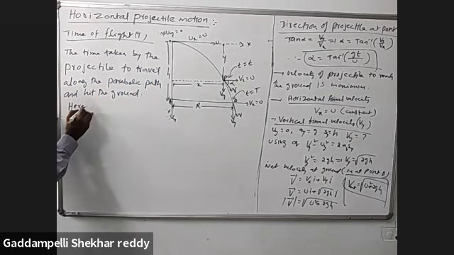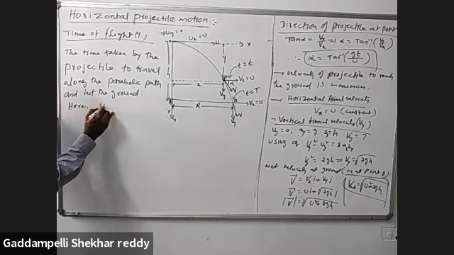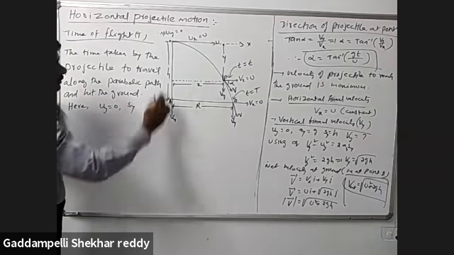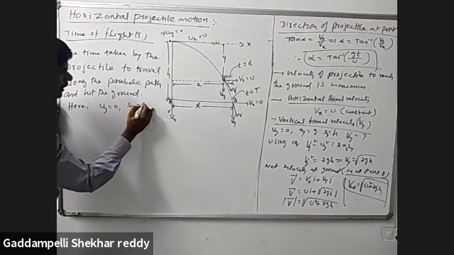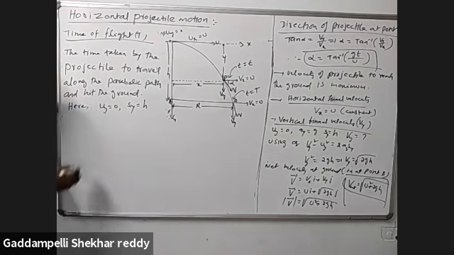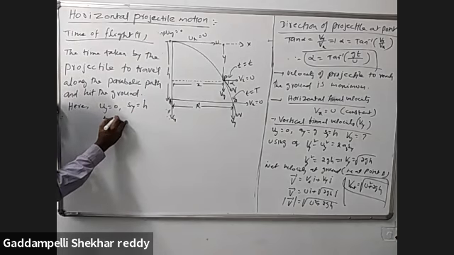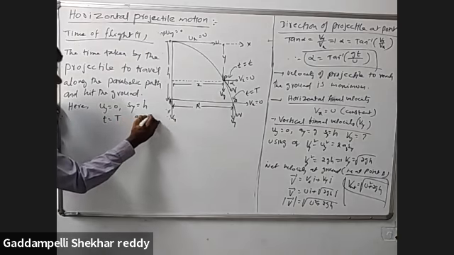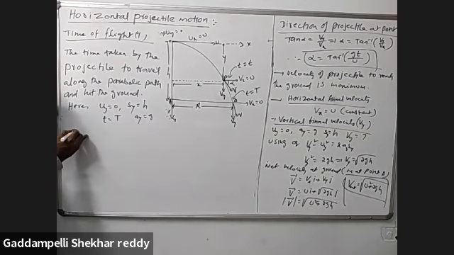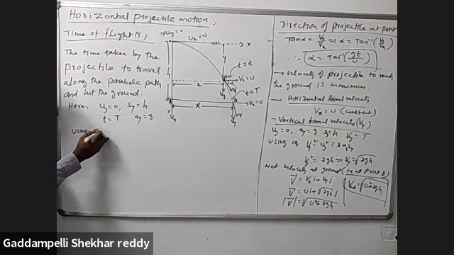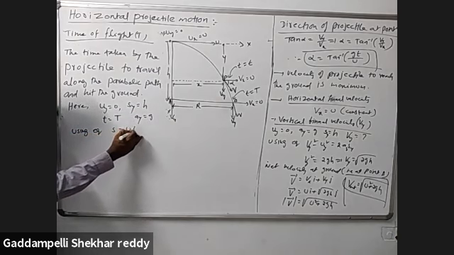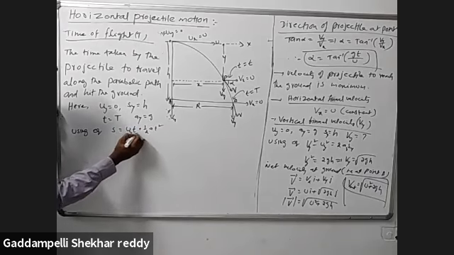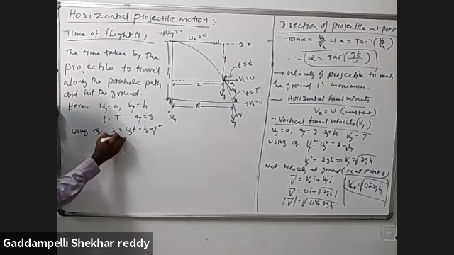Here, for the time of flight calculation, the starting vertical velocity uy is 0. The vertical distance traveled is sy equal to h. The time required is capital T. Next, the vertical acceleration is g. Now using the equation s is equal to ut plus half at square, here u is uy, a is ay, s is sy.